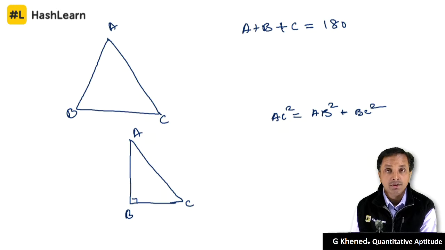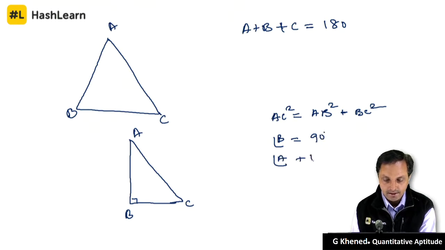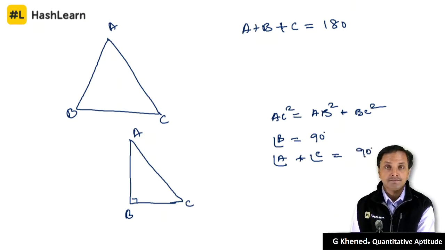Also you should note, important: if the angle B is 90 degrees, then angle A plus angle C, the remaining two angles, their sum will also be 90 degrees.